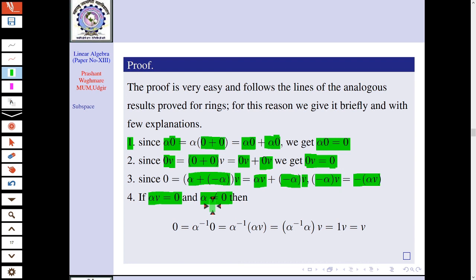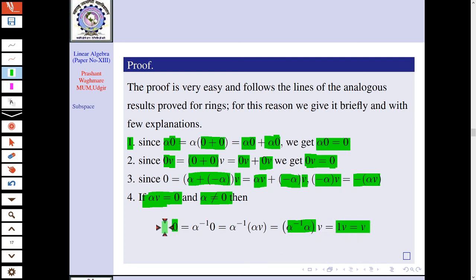Scalars are from field F, and due to alpha being non-zero, the inverse will exist in field F, right? So I can multiply by alpha inverse. If I multiply the given alpha V equal to 0 from the left side by the inverse of alpha, what will I get? Alpha into alpha inverse will be 1. So 1 into V equals 0, and 1 into V is V.